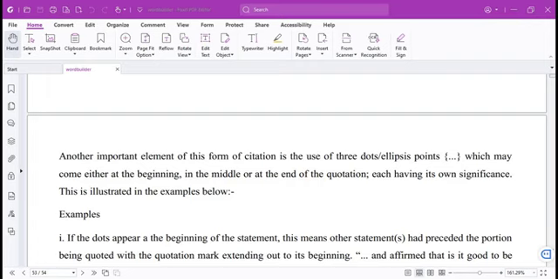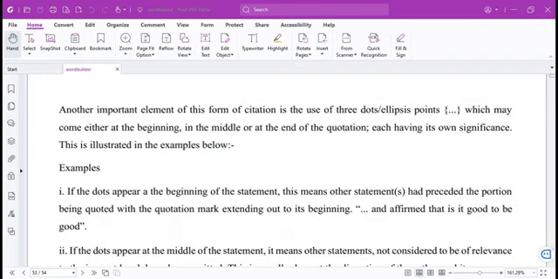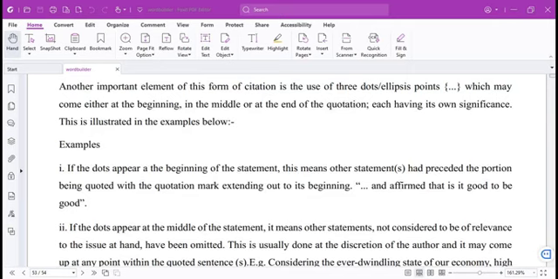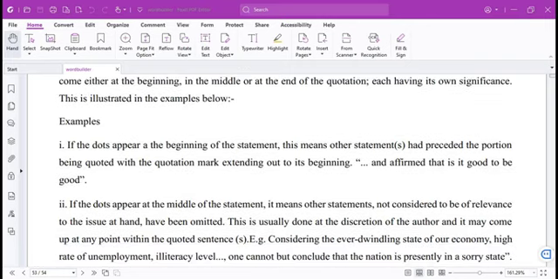This is illustrated in the examples below. Take note of those dots. You have just 3 dots. It cannot be less than 3, and it cannot be more than 3. Now, the significance depends on which part of the work they come in, whether at the beginning, the middle, or the end. Let's look at these examples.